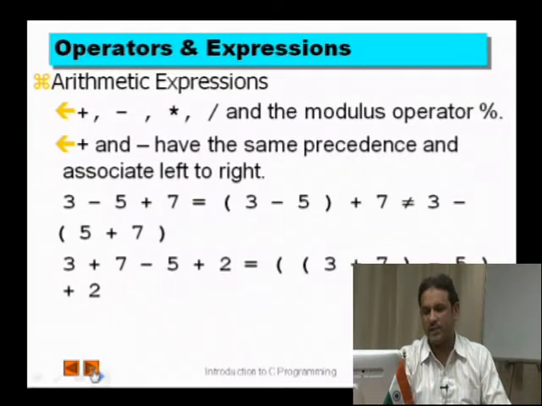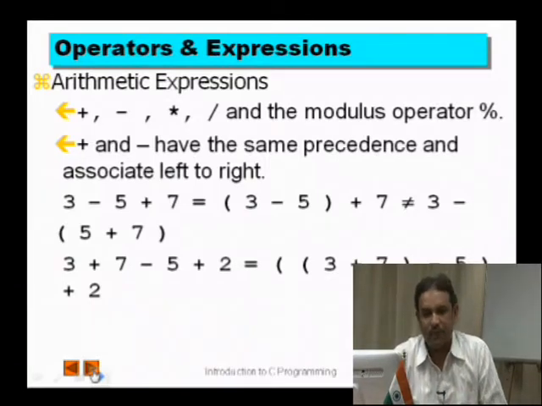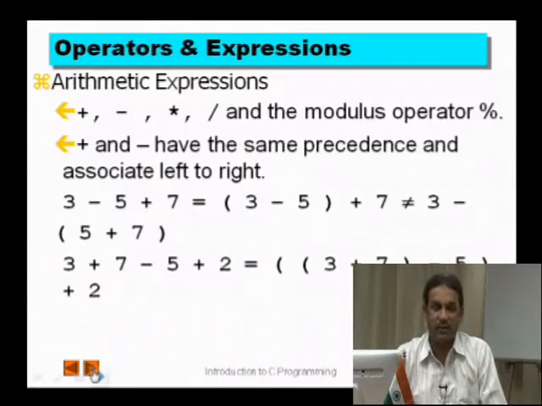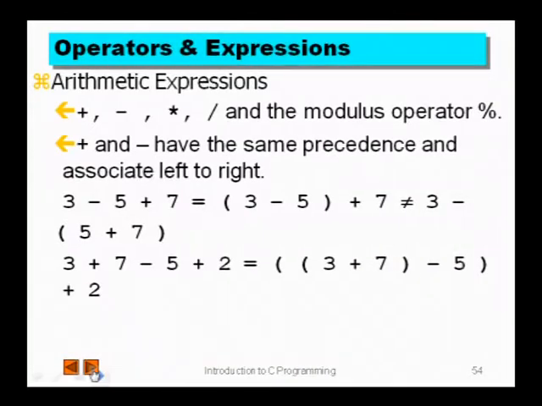One more example. Suppose you have the expression 3 - 5 + 7, and compare it with 3 - (5 + 7). These are not equal. When any numbers or variables are enclosed in parentheses, that expression will be evaluated first.